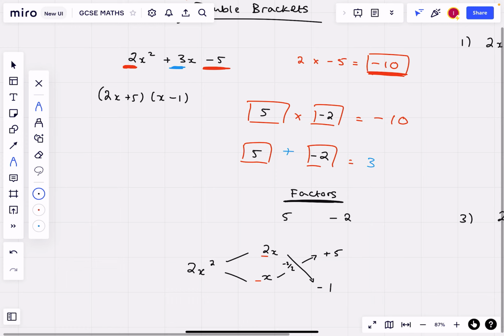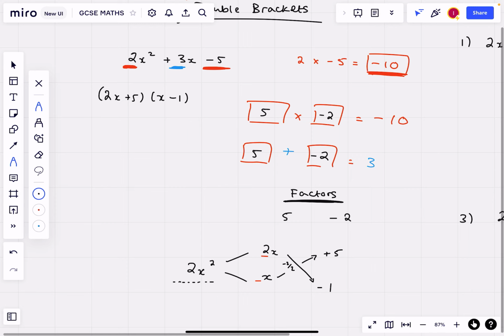Now, we take our first term, 2x squared, we split it into 2x and x, and now we divide our factors by our coefficients, meaning the number in front of our letter, where possible. 5 is not divisible by 2 to give a whole number, minus 2 is.